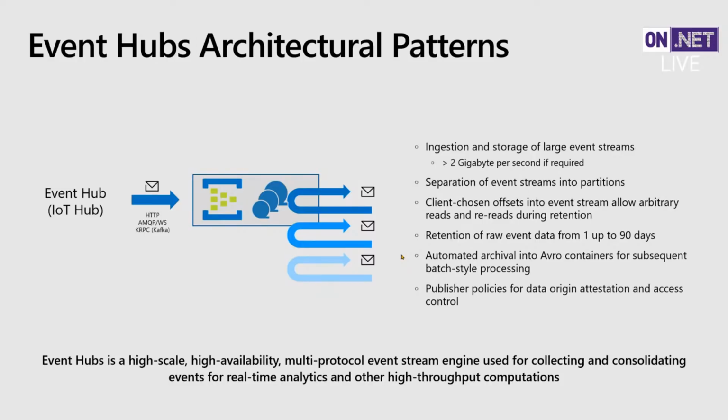Okay, great. So Event Hubs is an IoT hub to a degree, right? The IoT hub sits on top of Event Hubs and has the same receiving end as Event Hubs. It is our super high scale ingestion broker. Our biggest event hub that we host for an external customer has over 2 gigabytes per second of capacity.